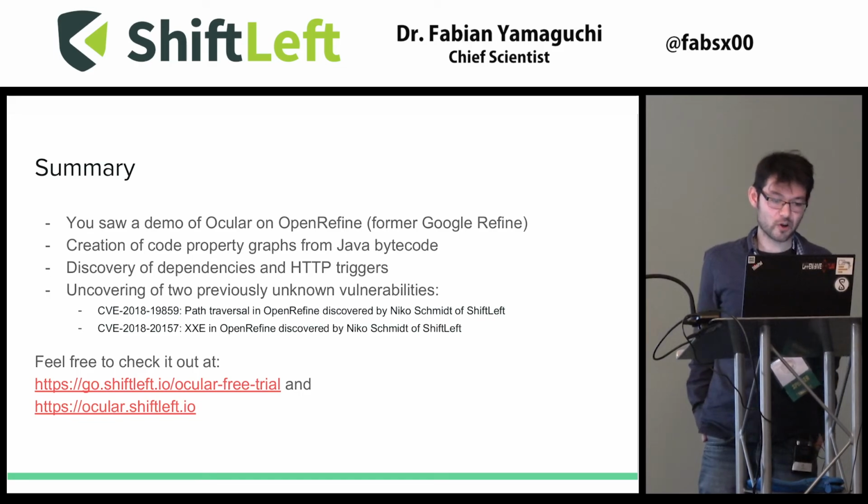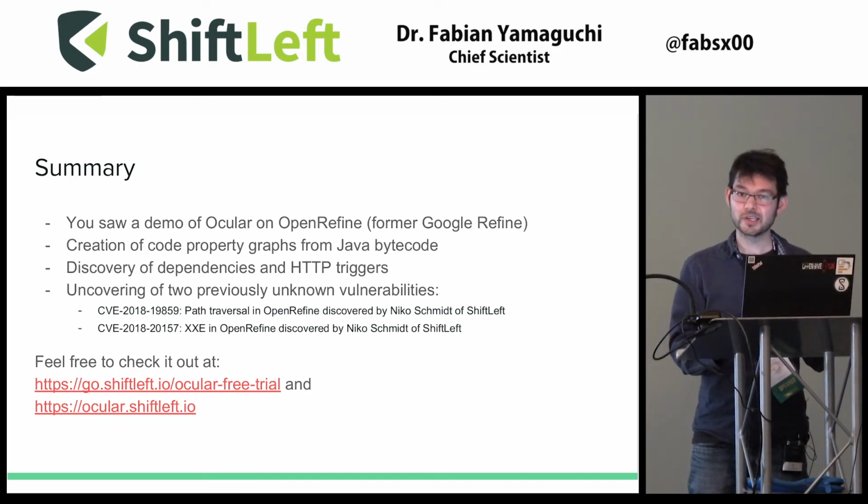And you then saw how we discover dependencies in that code, how we discover HTTP triggers. And given that the dependencies were an XML processing library and the zip library, we looked specifically for path traversal vulnerabilities related to zip files and for XXE vulnerabilities. And we, or rather my colleague, Nico Schmidt, discovered and reported both of those vulnerabilities. So yeah, feel free to check it out.